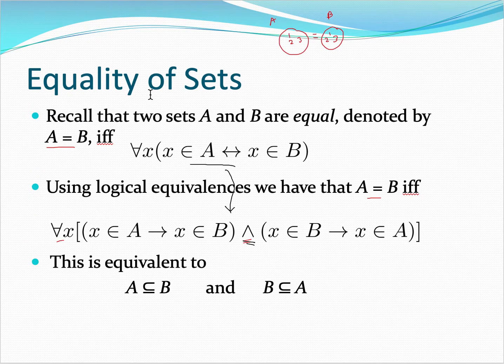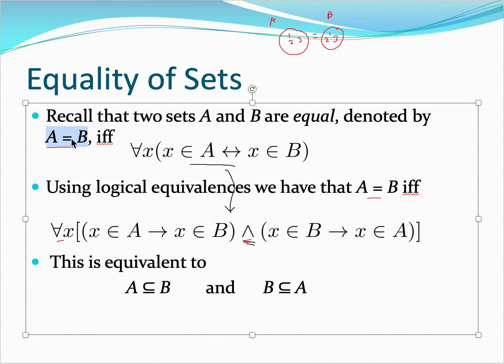So, equality of sets. We have looked at what we meant by equality. If we have two sets, A and B, we can say that these two sets are equal, and we denote this with these symbols.